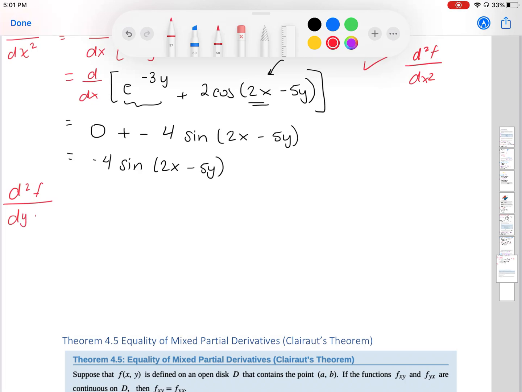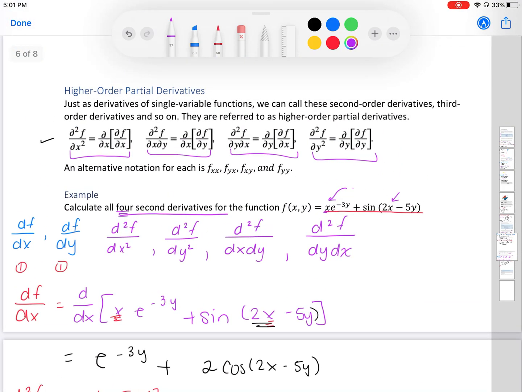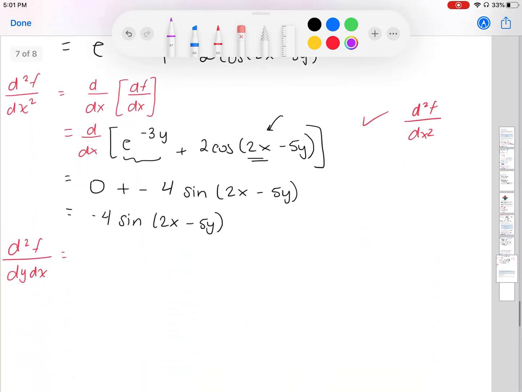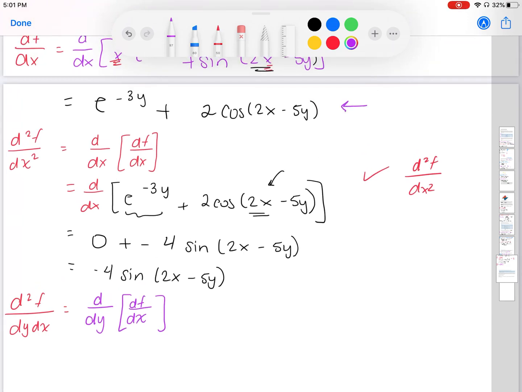dy dx. Okay, so if we're using our function notation, which we have right above, or if you're using our definition, we're going to find this one. So this is asking for the derivative of y of your derivative in terms of x. Well, we have our derivative in terms of x right here.